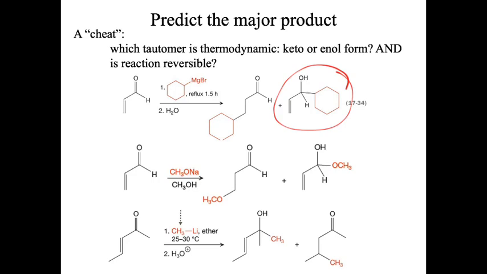How about the next one? The alcohol. We have our keto, thermodynamic. We've got our alcohol, which is our kinetic. What's our nucleophile?